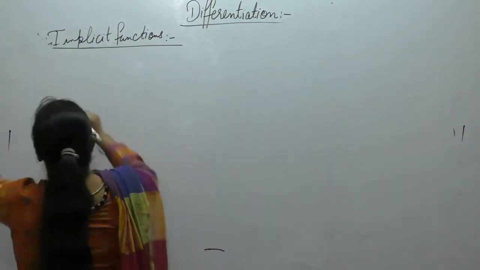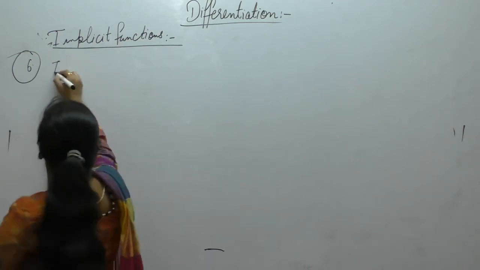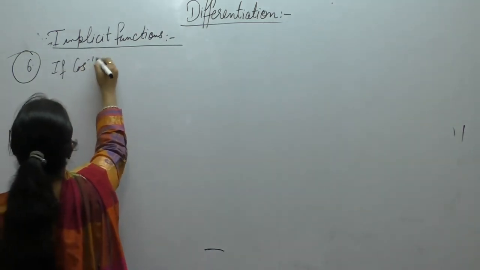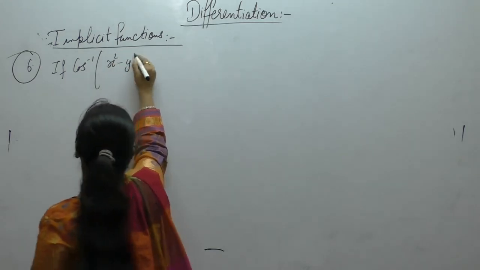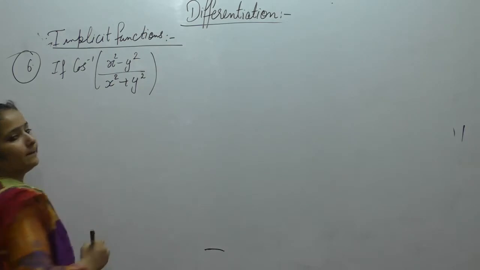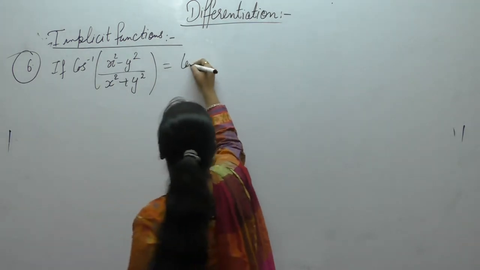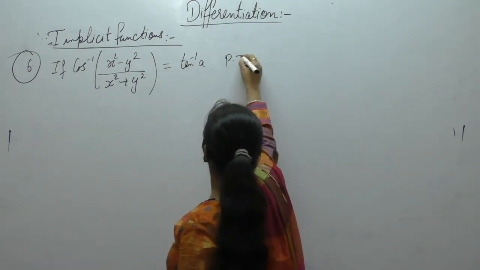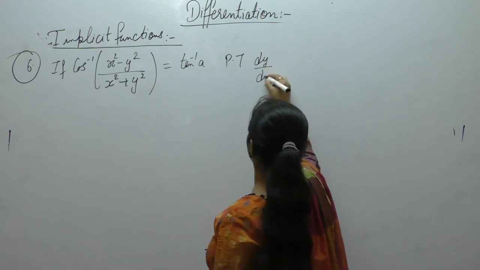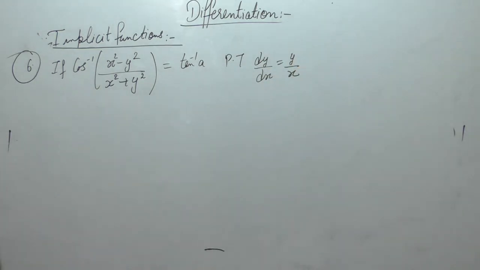Now the next one. If cos inverse of (x square minus y square upon x square plus y square) is equals to tan inverse A, prove that dy upon dx is equal to y upon x.